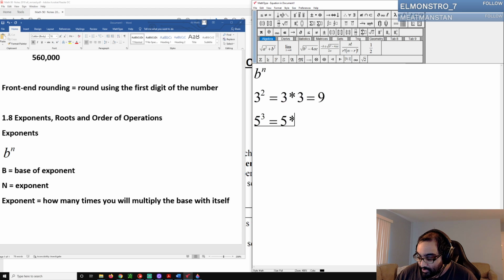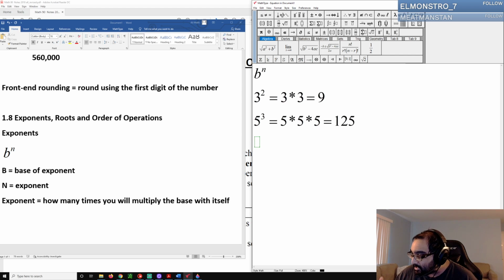That would be 5 times 5 times 5, three 5s. We're multiplying the base 3 times with each other. And if you do 5 times 5 times 5, you'll get 125. I don't expect you to completely memorize that, but it's a common one that we see quite often. So that's how basic exponents work.